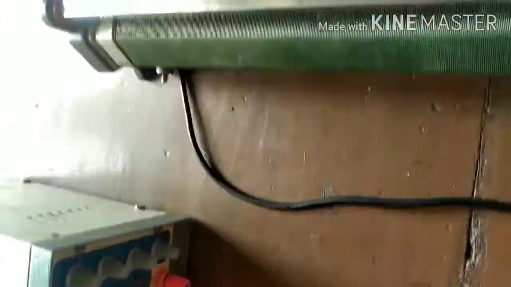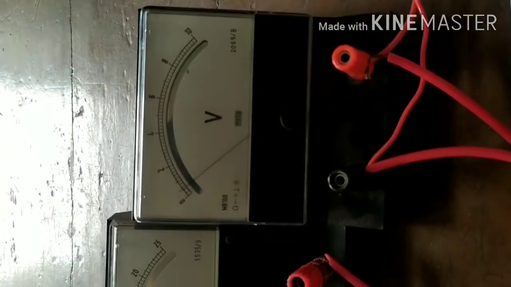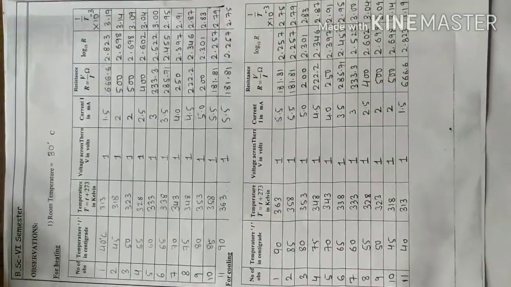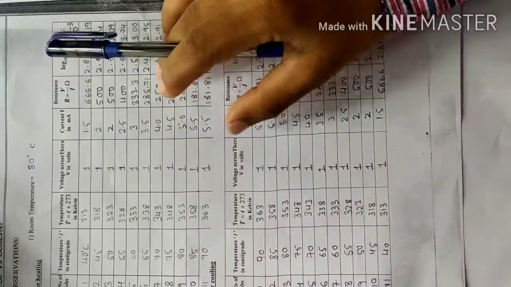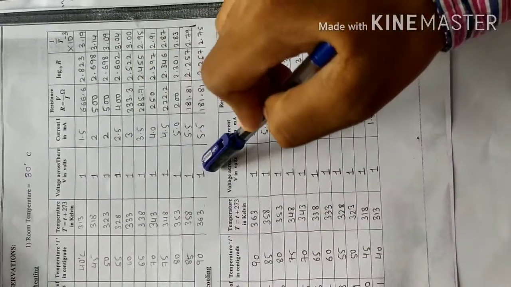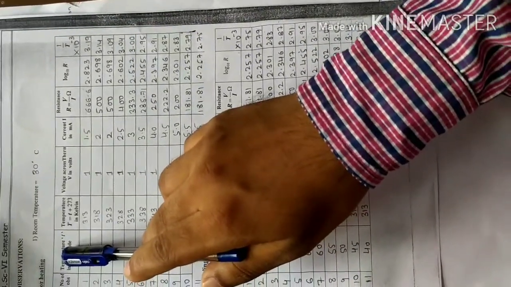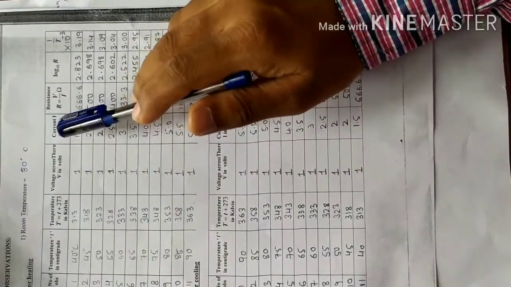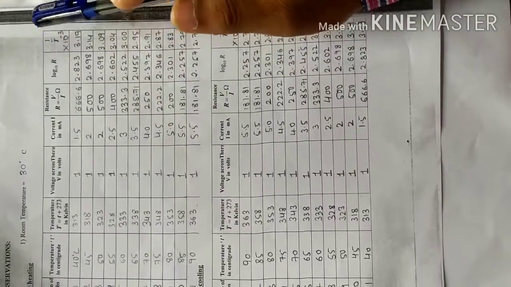Then by using the rheostat, we have to keep 1 volt across the voltmeter across the thermistor, which is constant throughout the experiment. Here we can see that the voltage across the thermistor is 1 volt throughout the experiment. The first table columns are temperature in Kelvin, voltage across the thermistor, current in milliampere, resistance, log of R, and 1 by T.